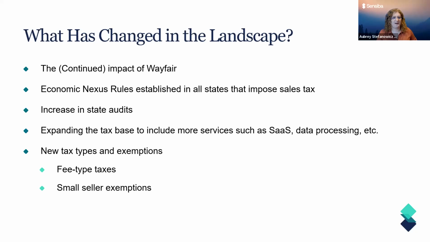Yeah, so sorry, last thing I wanted to touch on here is just, we have seen some new tax types and applicable exemptions. The big one I wanted to point out here are the retail delivery fees. Colorado imposed this, I believe it was either last year or the year before, but now Minnesota has a retail delivery fee.